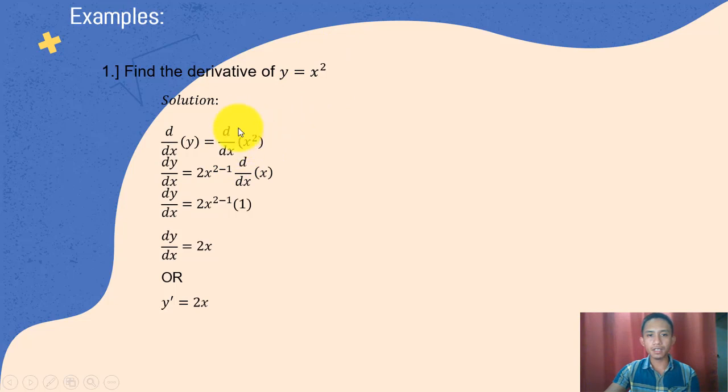I will now differentiate, apply the differentiation so that will be gone. Okay, I already applied here, that's why it is already there, which is your derivative. I will now apply, so that will be gone. I will apply. 2 will go down. Copy your function, which is x, subtract 1 in your exponent, and do not forget to differentiate your function, which is x.